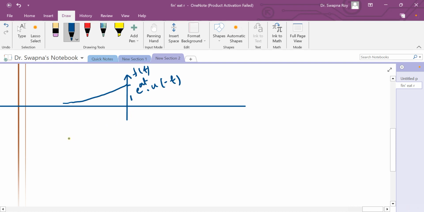So in Fourier transform, we do it for continuous time signal when the function is aperiodic. So F j omega is equal to Fourier transform of f of t.